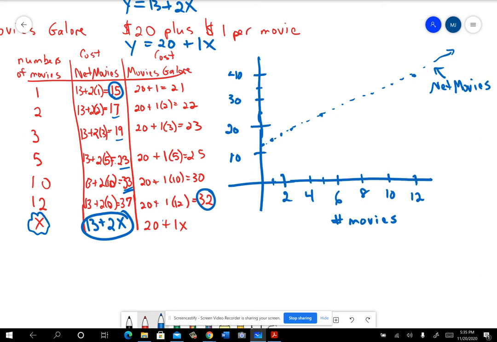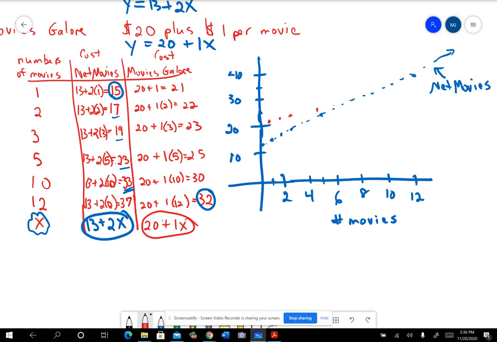Okay, now I got to go back, and in red, I'm going to do the Movies Galore. So I have that 1 movie was 21. See how it costs more? 2 movies is 22. 3 movies is 23, just goes up $1 each. 5 movies is 25. All right. 6 movies would be 26. Okay.